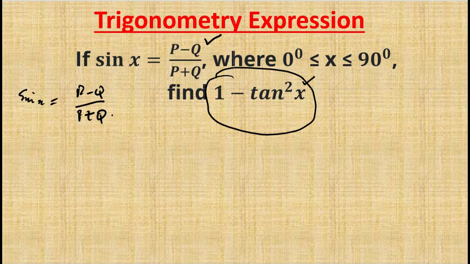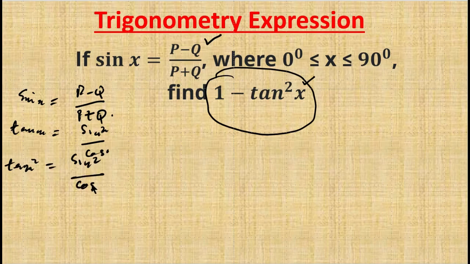Now, I want to find what tan squared x is. Obviously, tan x itself is the same thing as sine x over cos x. And invariably, tan squared x will be the same thing as sine squared x over cos squared x.